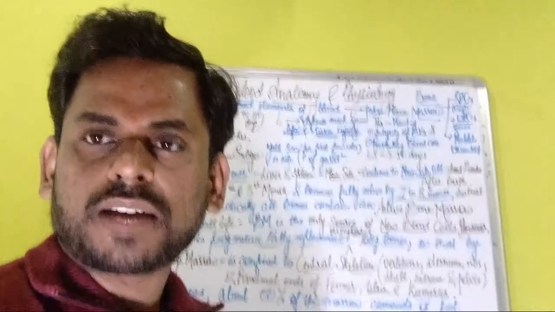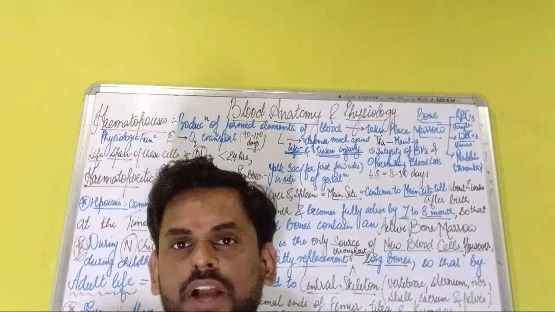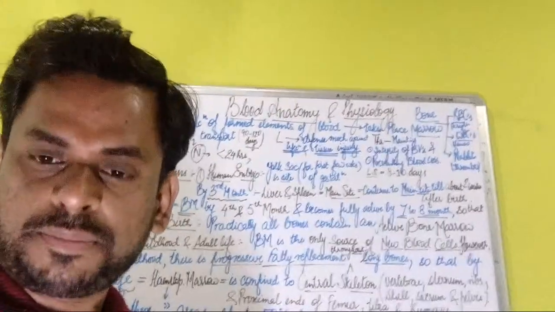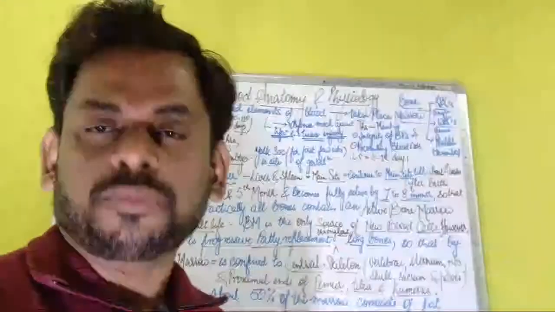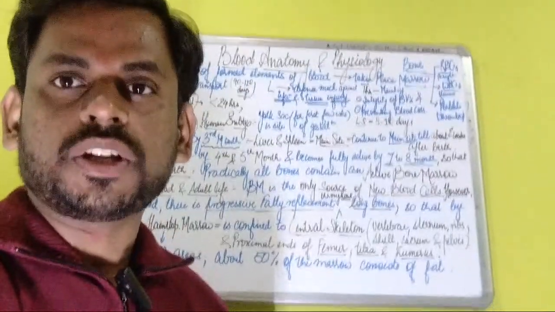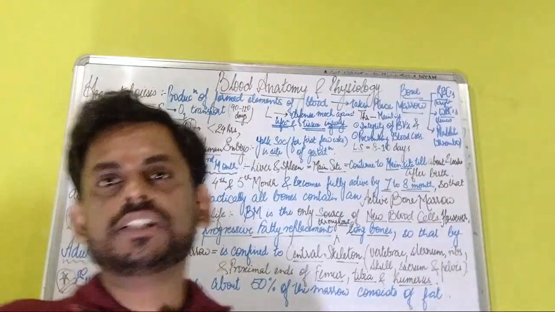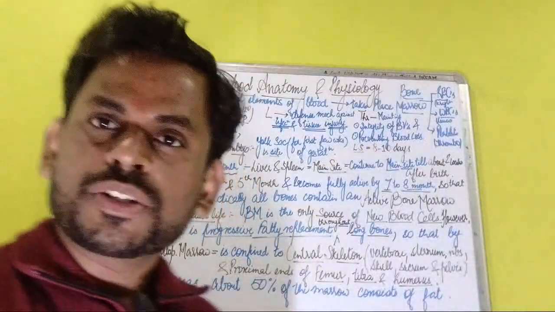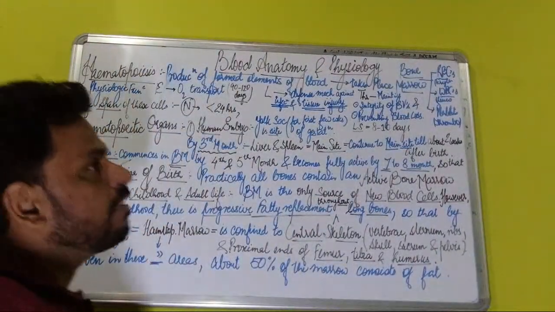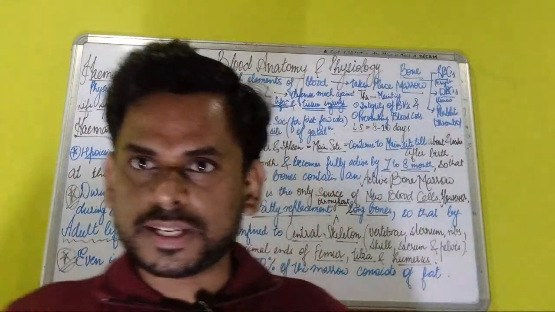In blood anatomy and physiology, we'll be starting with the introduction of the hematopoietic system: what the functions of it are, what the physiology of the blood is, and how this blood is formed initially. What is the hematopoietic system? So we'll be studying about it, beginning with blood anatomy and physiology and the introduction to the hematopoietic system.